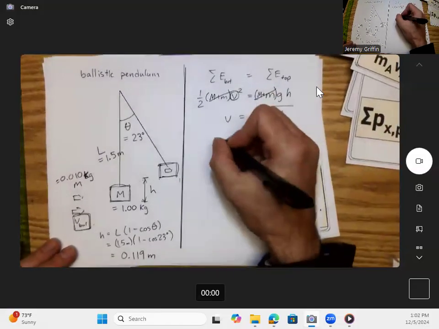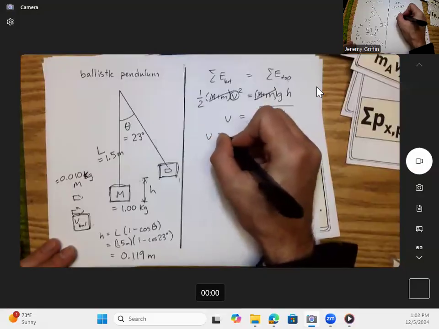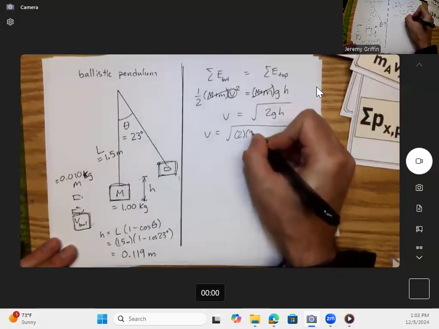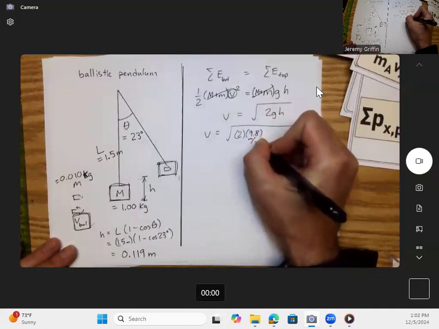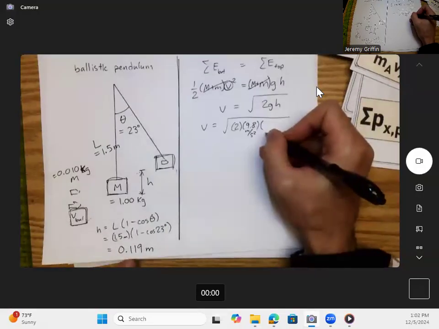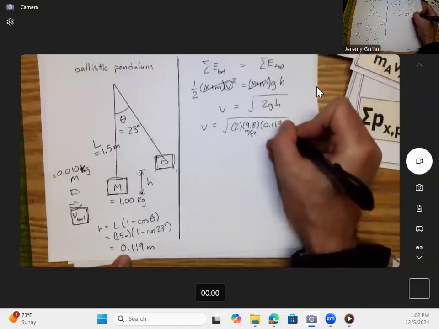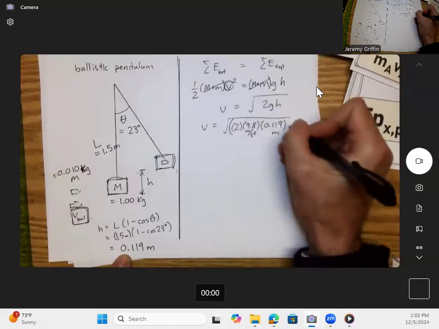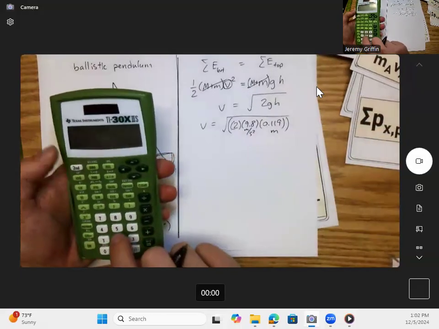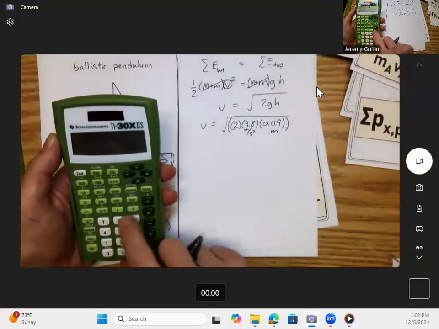Okay. So I think we can solve this right here. Square root 2, I got 9.8 meters per second squared. I got a height change. Well, we already took care of that. We did the geometry. We got 0.119 meters right there. All right, let's put that all together. So square root 2gh.